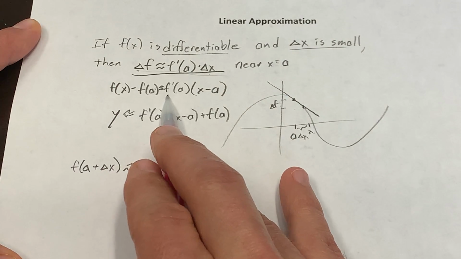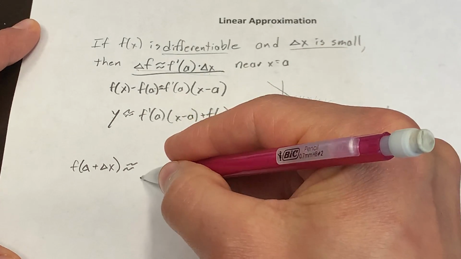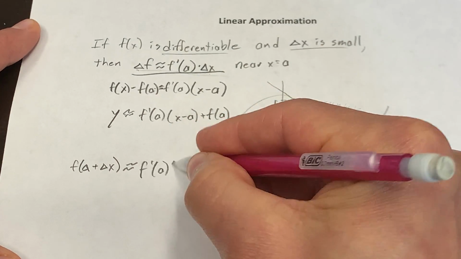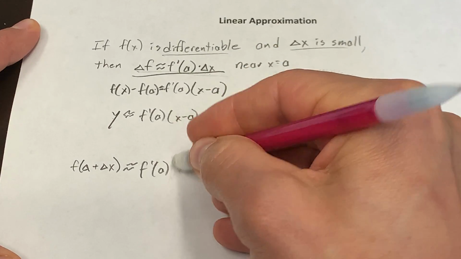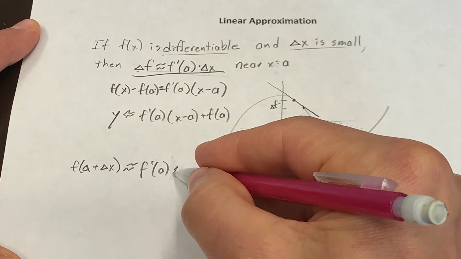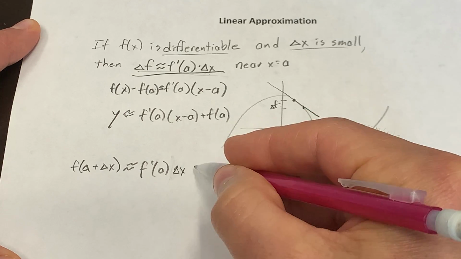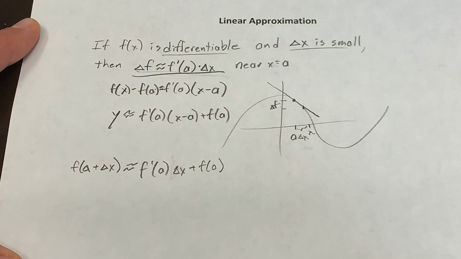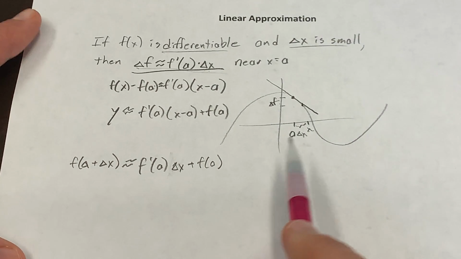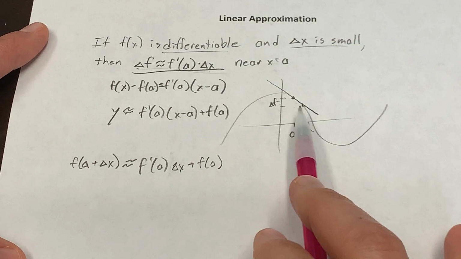It's supposed to be approximately f prime of a times, you can write x minus a or delta x. Just for variety, I'll write delta x here, plus f of a. Okay? And that allows us to approximate points nearby.